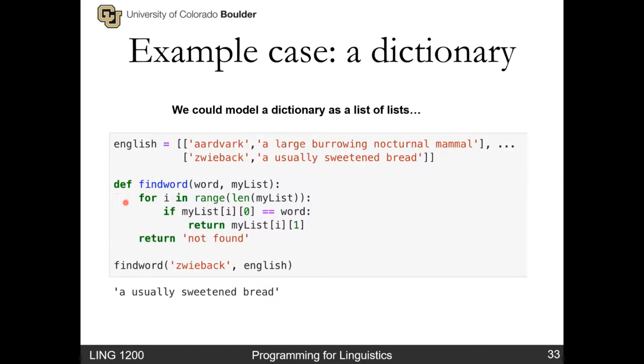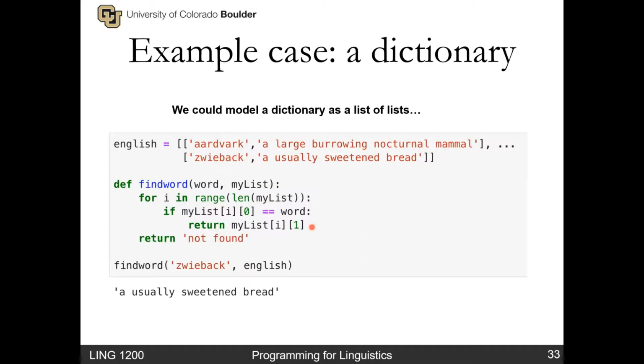We would then need to iterate over each list that has the word and the definition in it, and as we iterate, check the first item in each of those lists to see whether or not it matches the word we're looking for. If it is, then we can return the definition that's in that list.